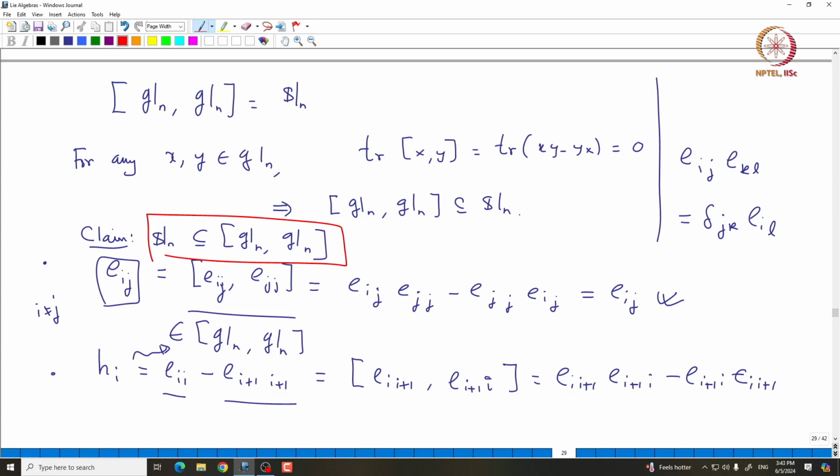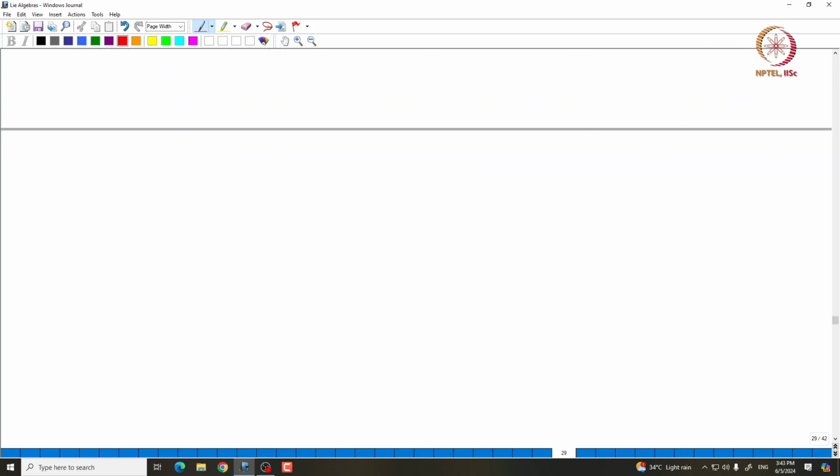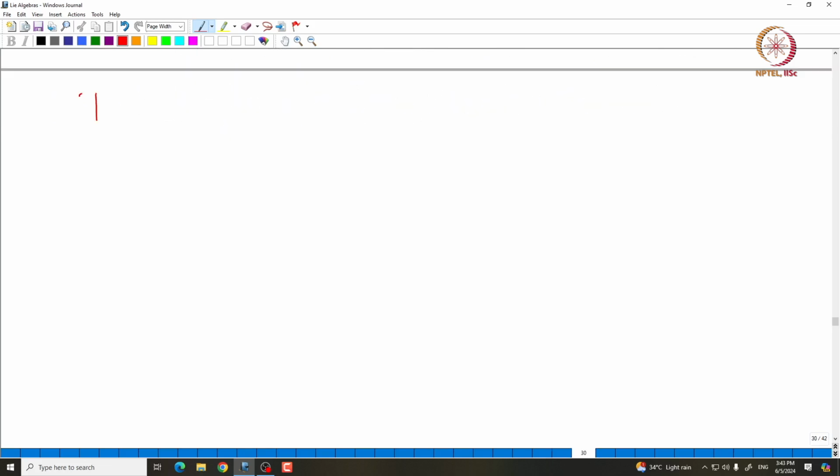So, now let us try to understand all the ideals of GLN. If we take some ideal of GLN, then we want to claim that it must be one of the 4 ideals. Okay. So, let us call it a theorem because it is a very important result.